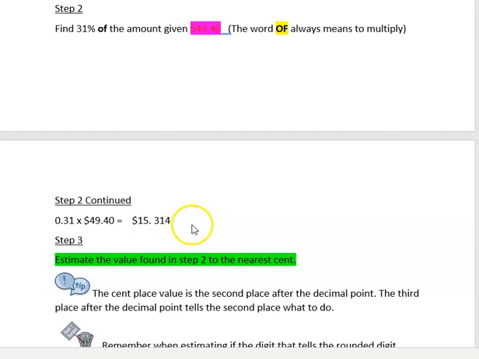15.314. Well, we're talking about money here. So let's keep it simple. How many digits do you need when you're talking about cents? Yeah, you're right. You only need 2 digits. So because you only need 2 digits, we're going to round this 1. And the number that tells you how to round is the number that's always to the right of the number being rounded.